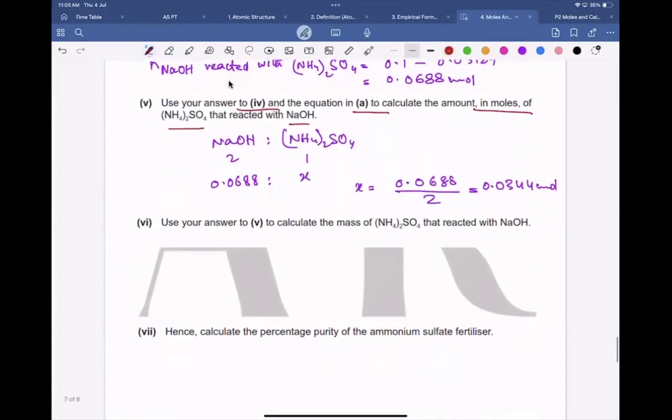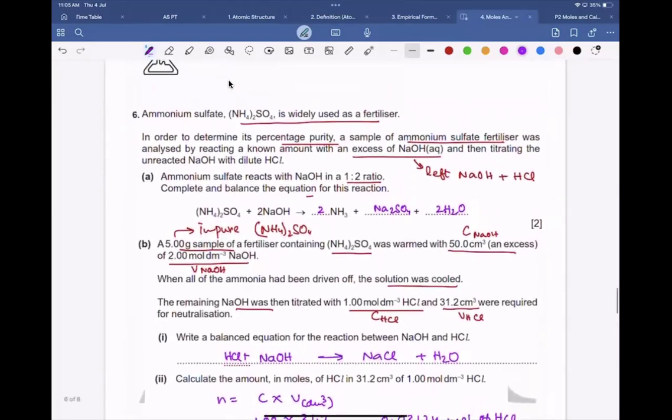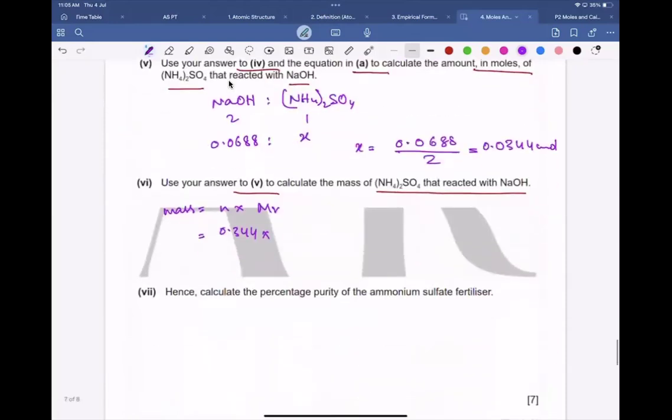Now what they are saying, use your answer to 5 to calculate the mass of ammonium sulfate reacted with NaOH. I got the moles, I multiply with MR to get the mass, right? Moles times MR. So 0.0344 times, have they given the MR? We haven't. Sulfate is 96.